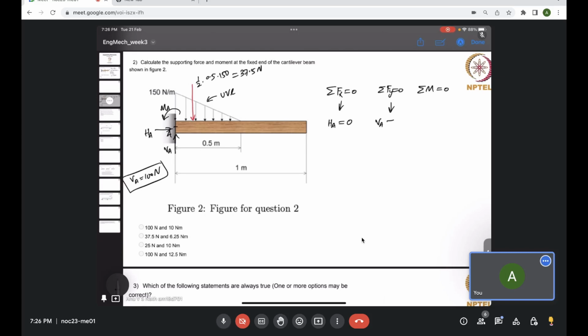VA should be balanced by this 37.5 Newton, so VA is 37.5 Newton. It's not 100, it's 37.5. I hope that is clear. Does anyone have any question here?